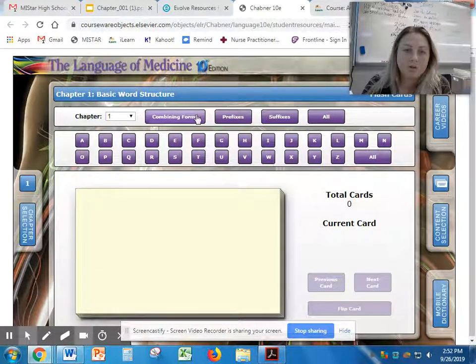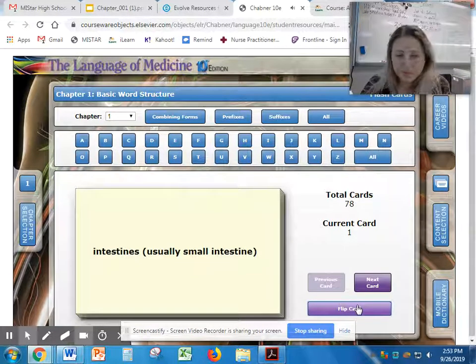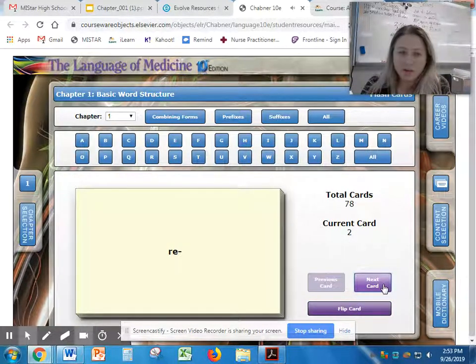You can do just combining forms, prefixes, suffixes, or all. You can filter it by first letter, or you can do all and flip it, which gives you the meaning, and you can quiz yourself.